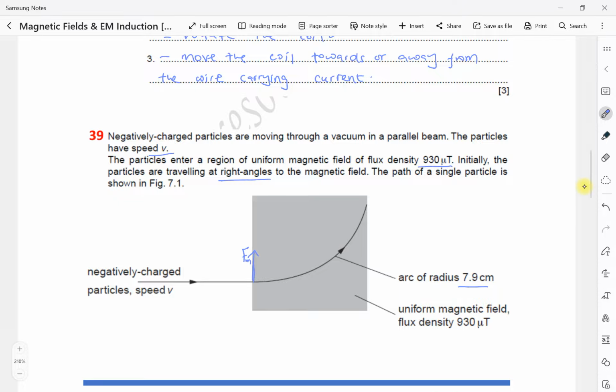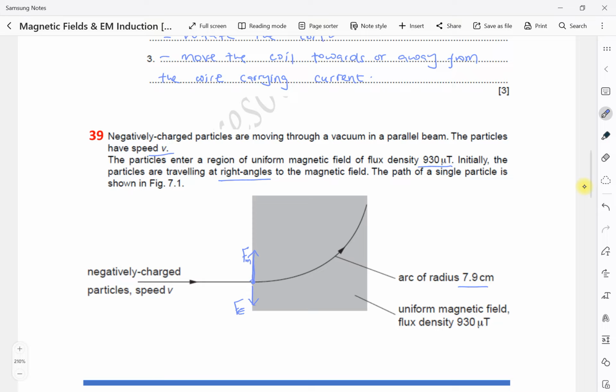For no deflection, when we introduce an electric field, the force due to the electric field, Fe, must be downwards. So since the magnetic force is upwards, towards the top of the page, for no deflection the electric force must be pointing to the bottom of the page, in the opposite direction.